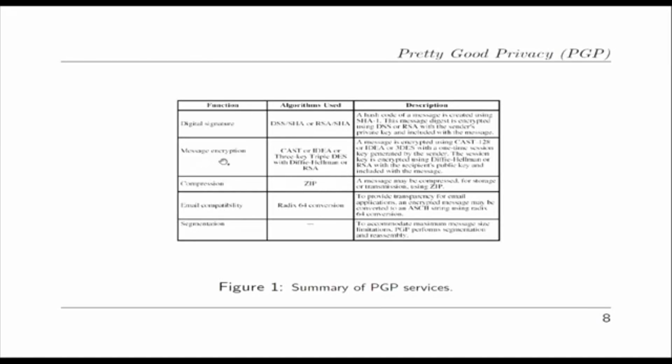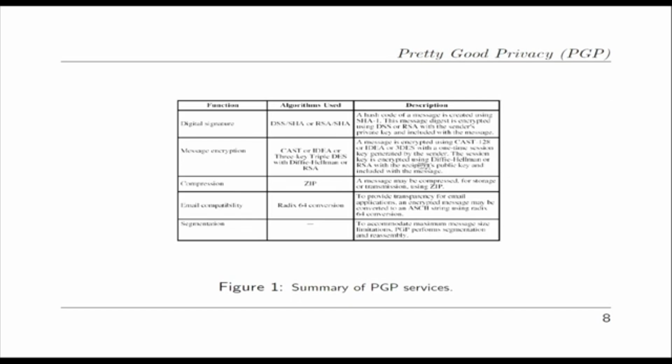Then the message encryption. In message encryption we use basically CAST-128 or IDEA or three-key triple DES, with Diffie-Hellman or RSA. The message is encrypted using CAST-128 or IDEA or triple DES with a one-time session key generated by the sender.